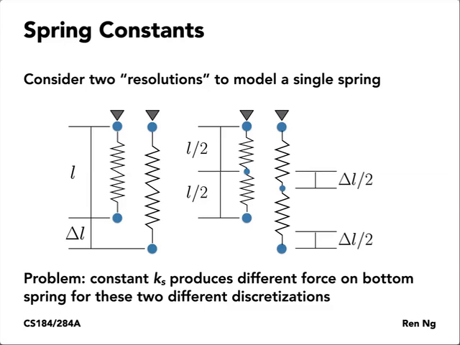And if there was an extension in this spring of delta L originally, that's going to be equivalent to having each of these two subspring elements extended by half the distance, right? Delta L over 2. It turns out that this is not going to have the same total force, if you have the same k sub s for these two spring constants.